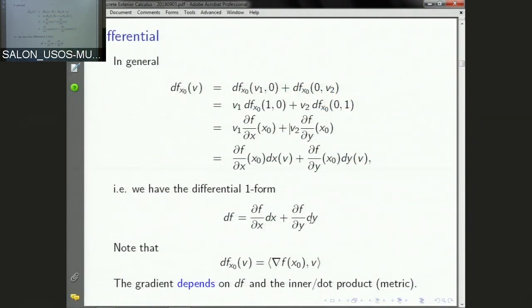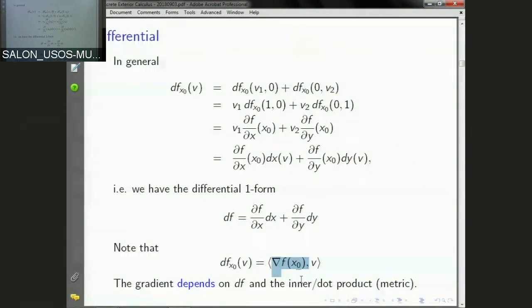You will say, but in calculus 3, I learned about the gradient. The gradient is related to this directional derivative, and we learned this in calculus 3 by this identity. It is a vector, so that using the dot product gives me the value of the directional derivative. So I reminded you that the directional derivative is defined just using a limit, the Newton quotient. On this side, the gradient is a vector such that this identity is satisfied with respect to the dot product, or the metric.